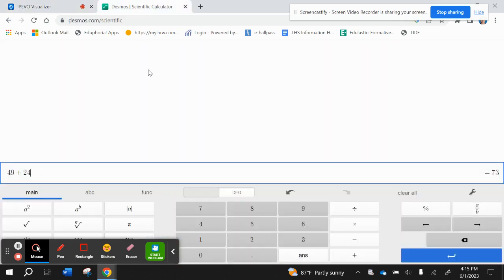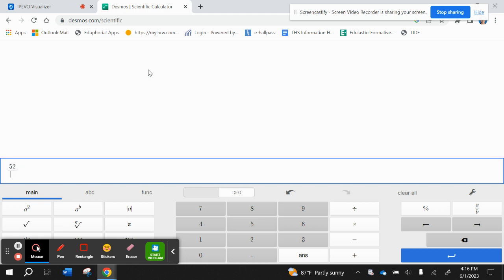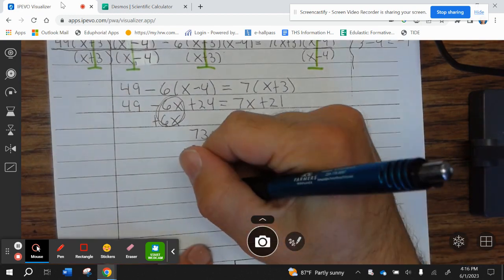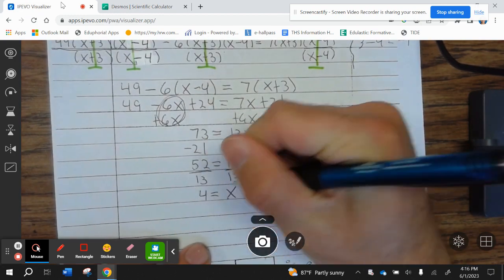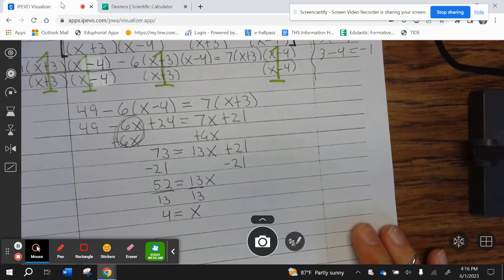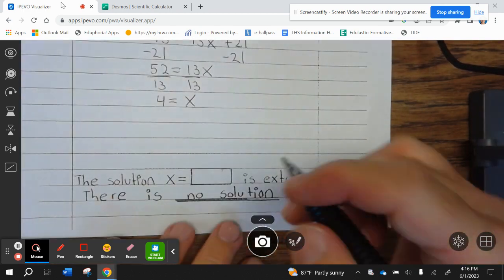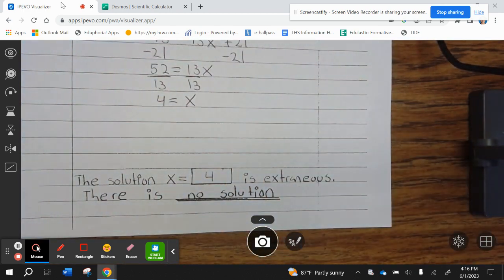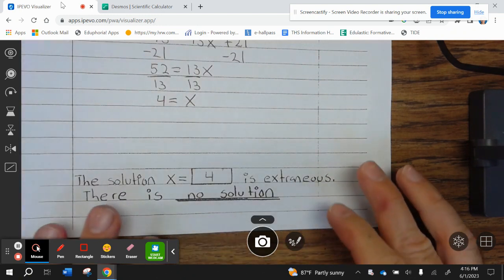So 52 divided by 13 is 4. So x equals 4 is your solution. Now, it's extraneous for this reason, okay?